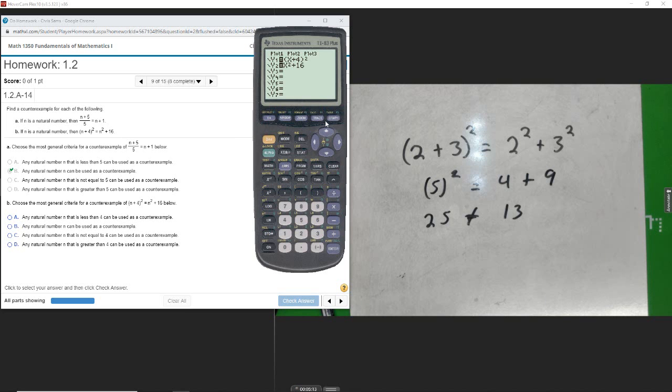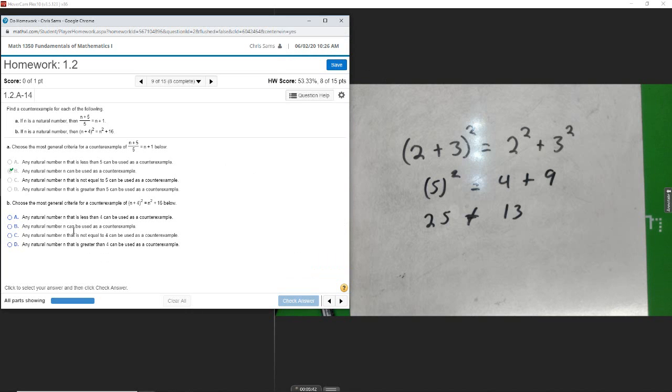If we do second graph to see the table, we'll just look at the second two columns. The first column, x, is just showing you the number that they plug in, and over here we're getting the results. As you can see, none of these pairs are the same, and as we get bigger, they get bigger, and they're not closing the gap very much. So any natural number n less than 4, any natural number, yes, any natural number can be used as a counterexample.